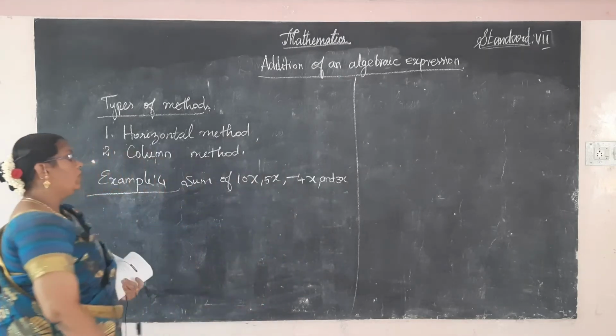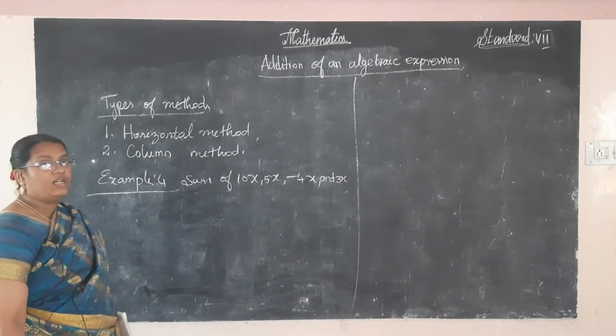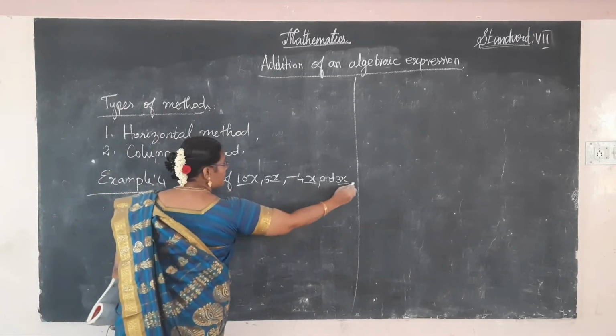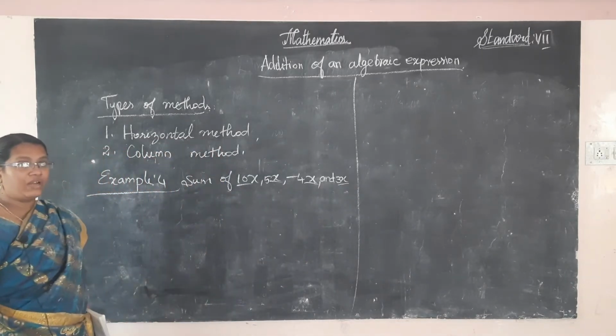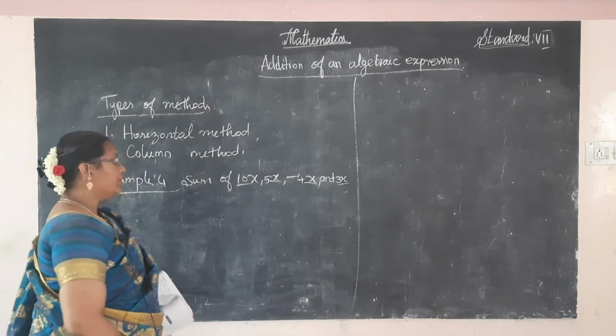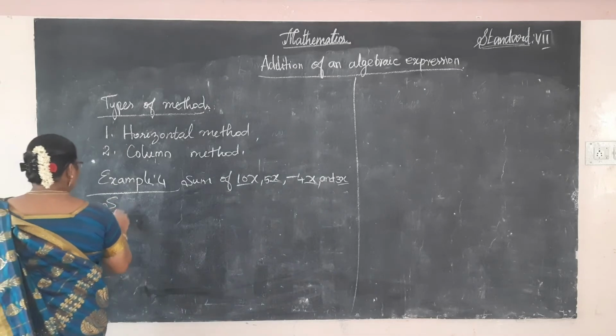So 4 monomial terms are given, single terms, and all are like terms. What is the meaning of like terms? The same variable and the same power.